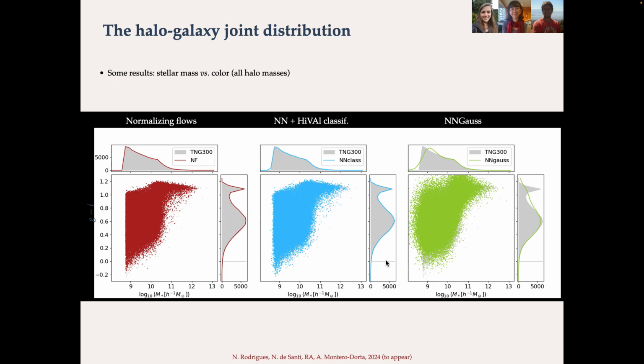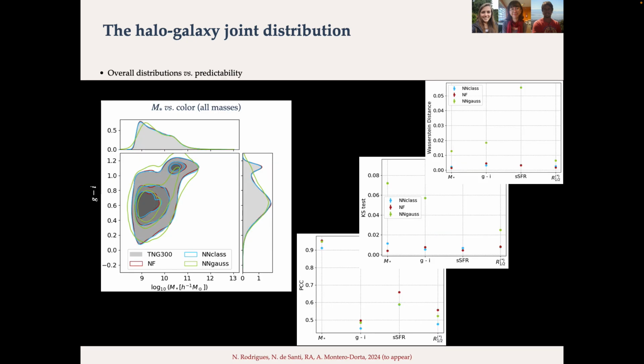Ultimately, this was an exercise in showing how normalizing flows, not unexpectedly, is a superb method for trying to predict properties such as galaxy properties on the basis of halo properties in a way that captures the whole probability distribution functions associated with those objects. Here is another way of looking at this.